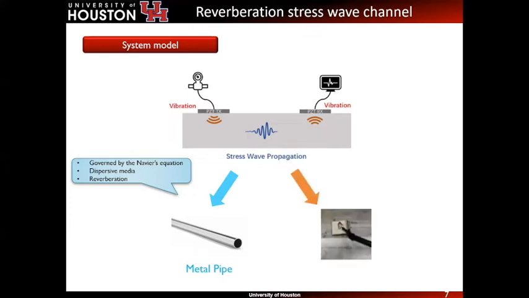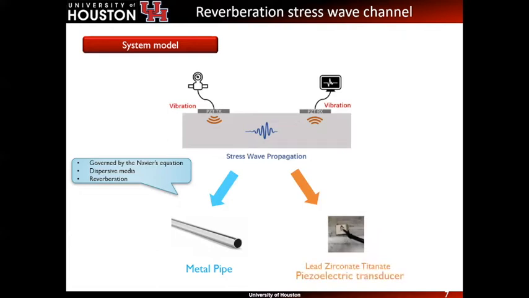And for the transceiver, a lead zirconate titanate piezoelectric transducer is selected. It has a strong piezoelectric effect, making it a desirable actuator, and it also has a wide bandwidth and is cheap in price.